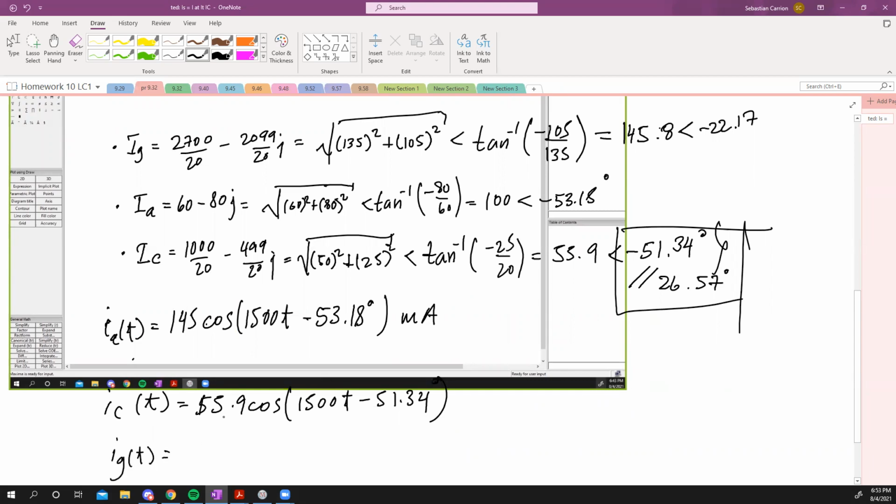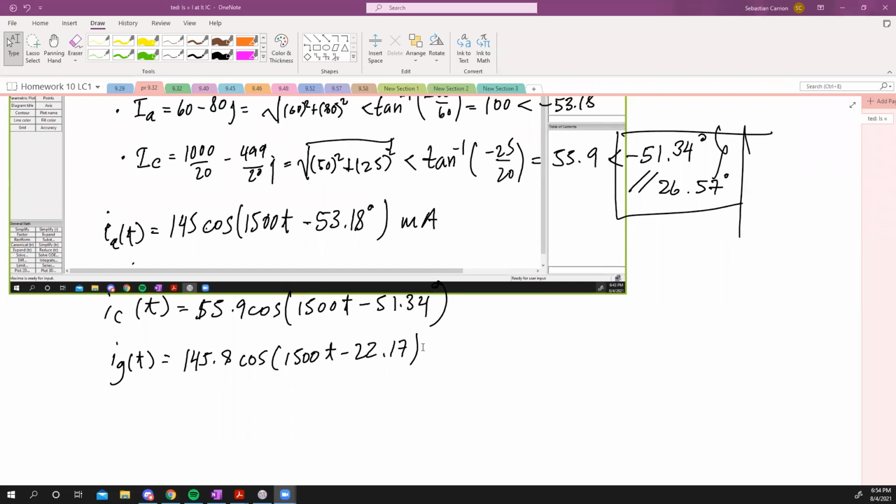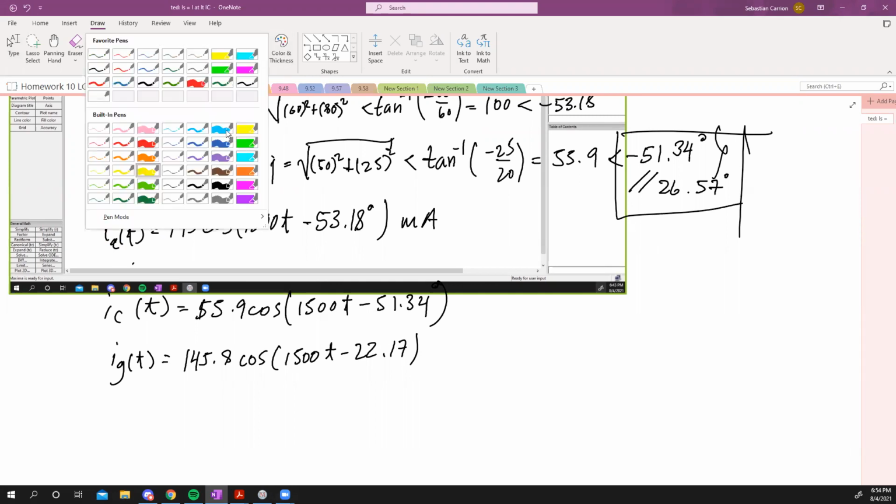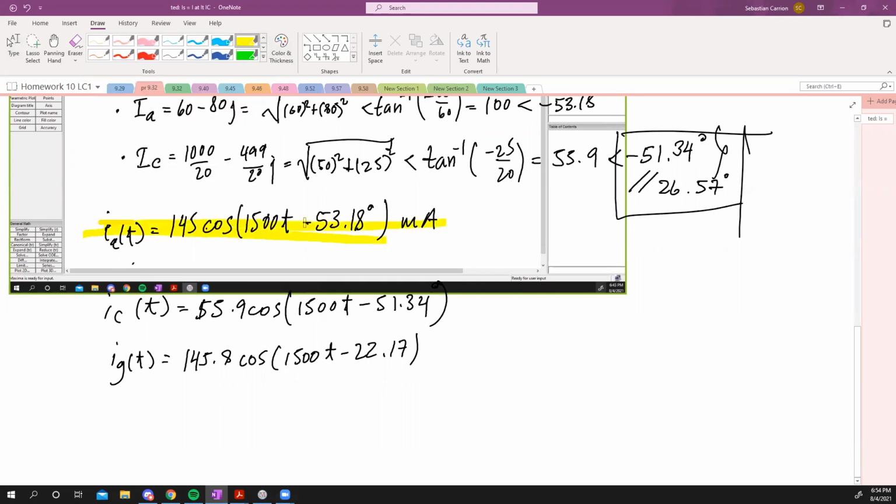And IG is 145.8 cosine of 1500t minus 22.17. So this would be the solution to 9.32, and these are all in milliamps, by the way.